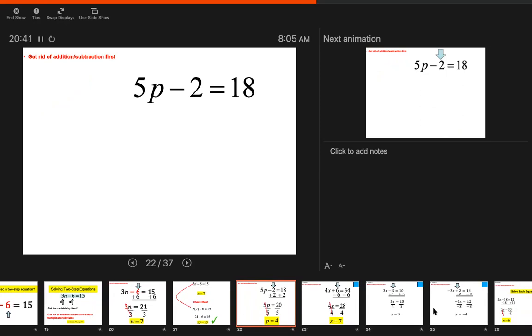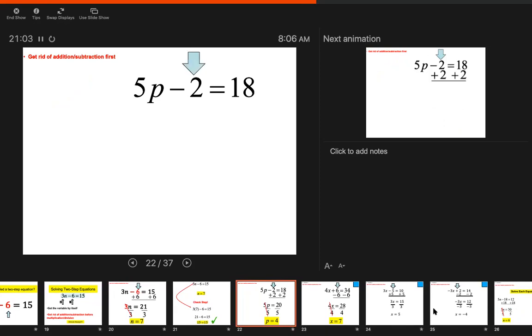Riley, where is the variable, left or right side? Okay. How many things we got to get rid of? What numbers do I need to get rid of? 5 and the 2. Okay. You got a choice. You can either get rid of the 5 first. It's your choice. Which one? She wants to get rid of the 2. I agree.